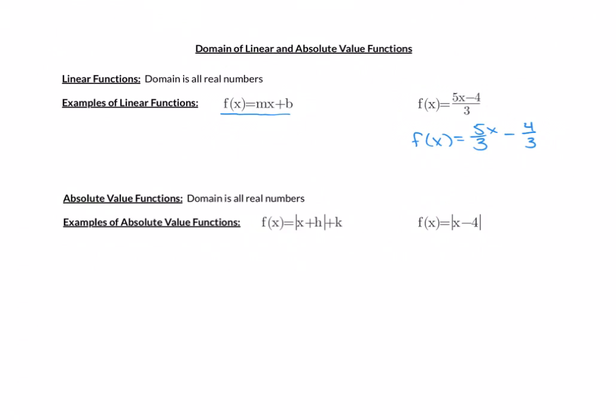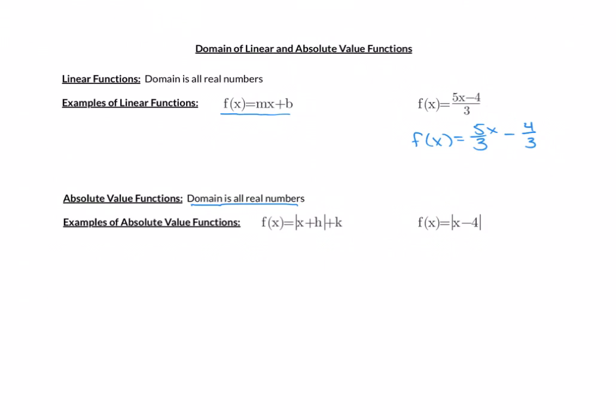The second type that you're going to see on the homework is absolute value functions. Remember, absolute value has the vertical bars. We're not going to play around with absolute value functions much in this class. I think this is the only time it really comes up. But one thing to note is the domain of absolute value functions is also all real numbers.